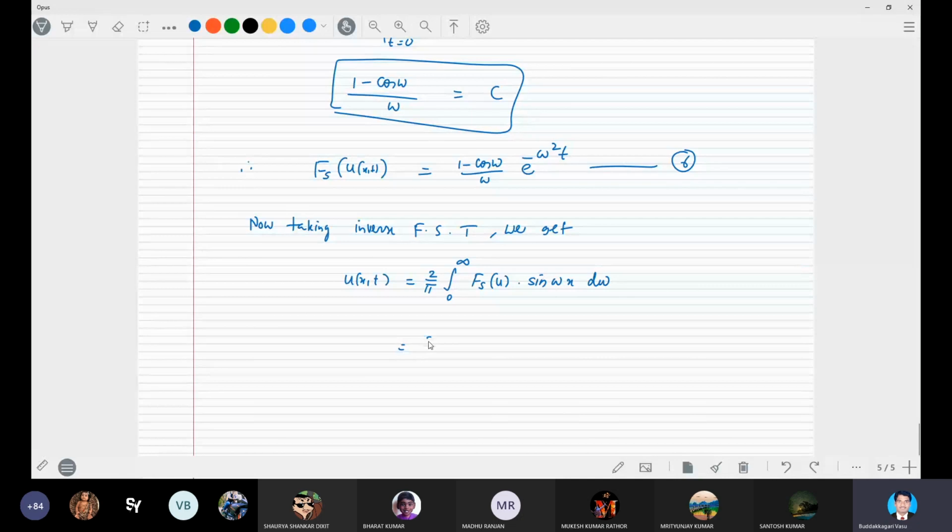That is equal to 2 by pi integral 0 to infinity (1 minus cos ω) by ω into e to the power minus ω² t sin ωx dω. This is u(x,t). If you want to do this integral you can, or you can leave it. This is the desired solution.